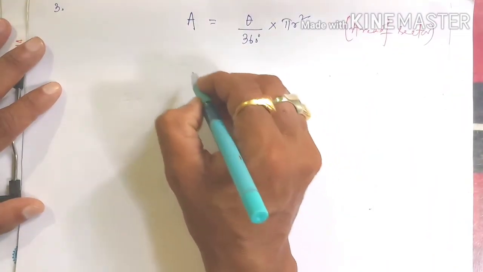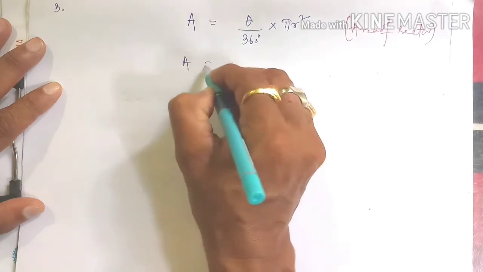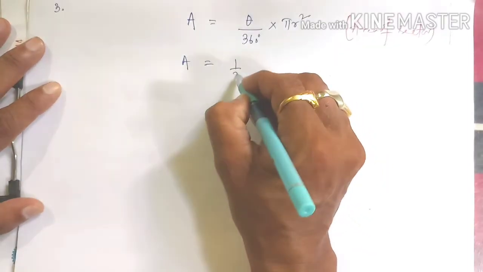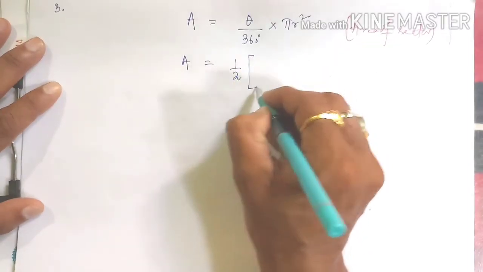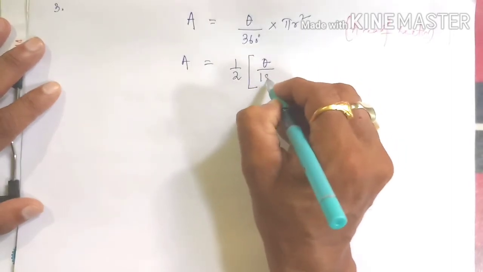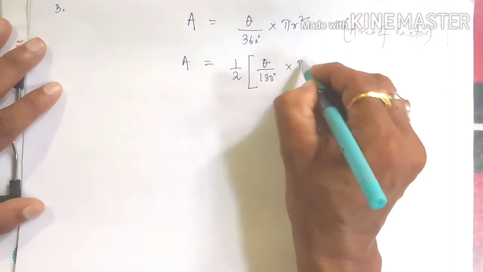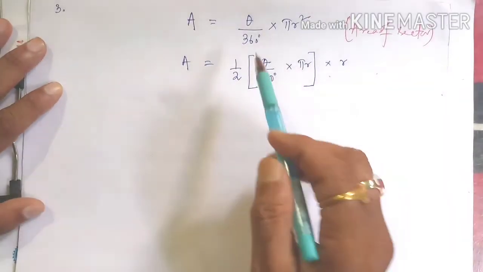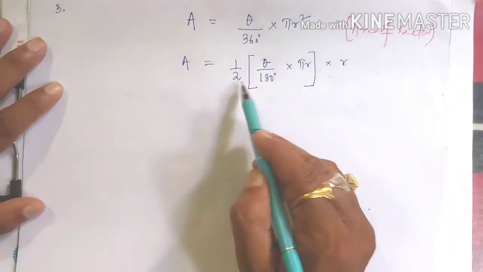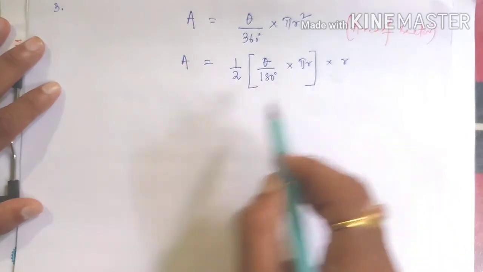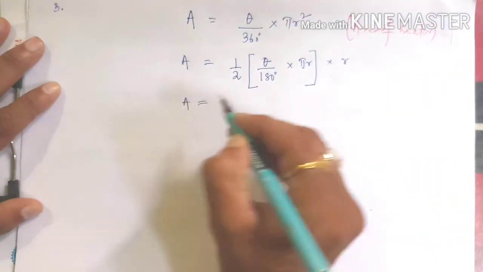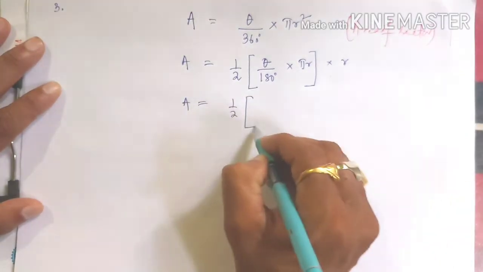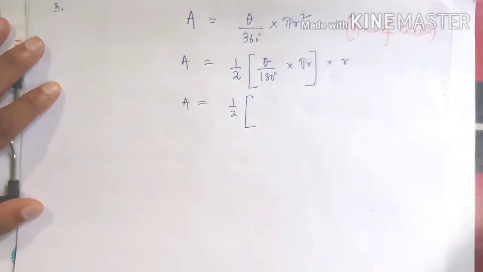Okay. Now here you see, students, I can write A equal to half of theta by 180 into pi r into r. Can I write this? Because theta by 360 is theta by 180 into 2, and pi r square. I just split the terms, A equal to half theta by 180 into pi r into r. Where did I get this term?